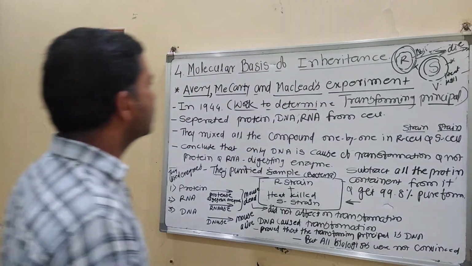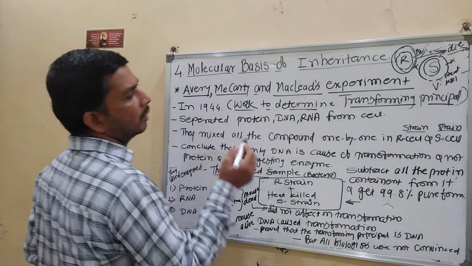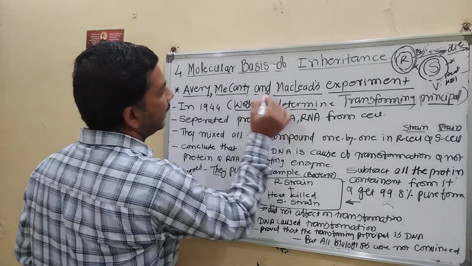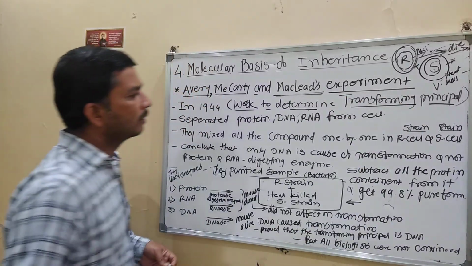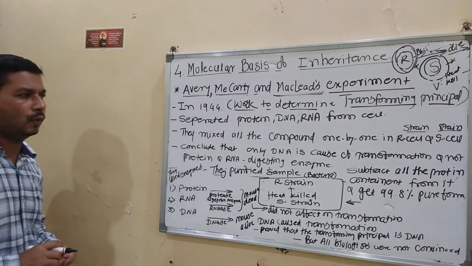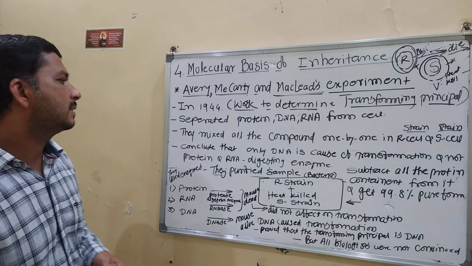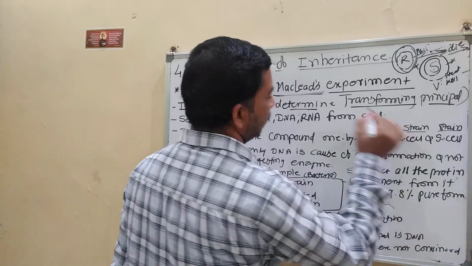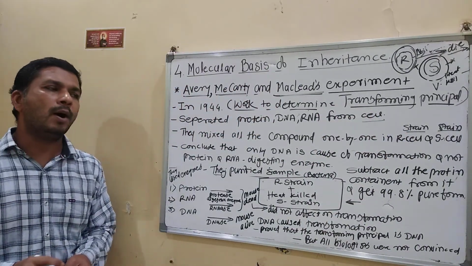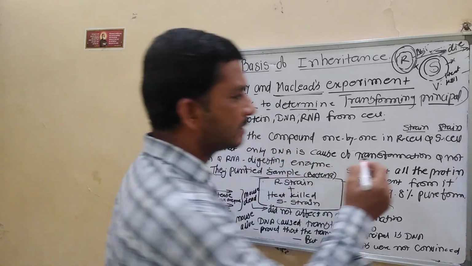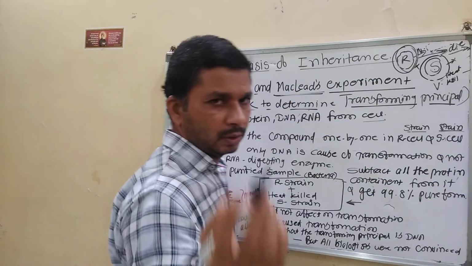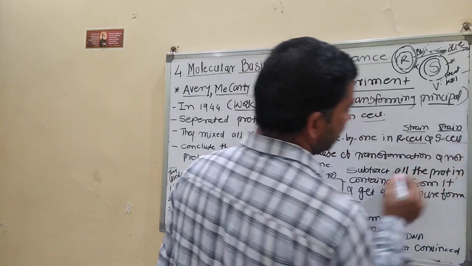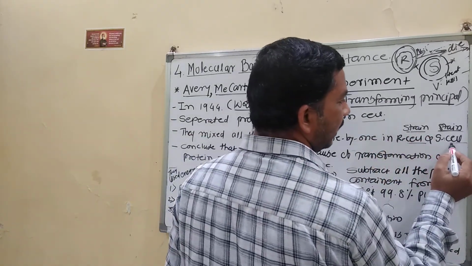That's why there is another experiment about the transforming principle, that is the Avery, McCarty and MacLeod experiment. In 1944, they separated protein, DNA and RNA from the cell. They mixed all the compounds one by one into the R strain and S strain. We also call it R cell or S cell, or R strain and S strain.